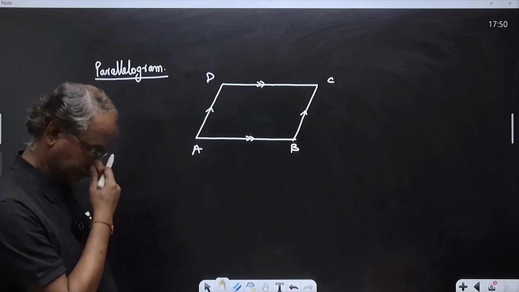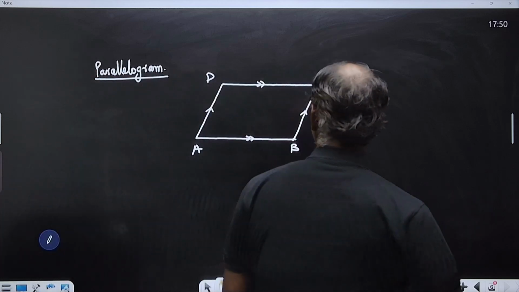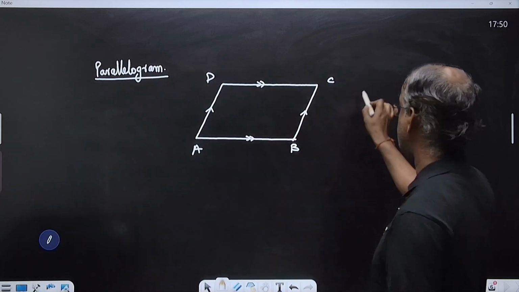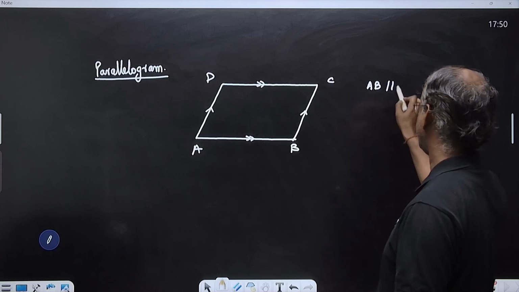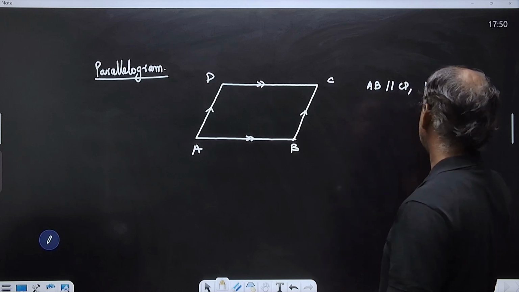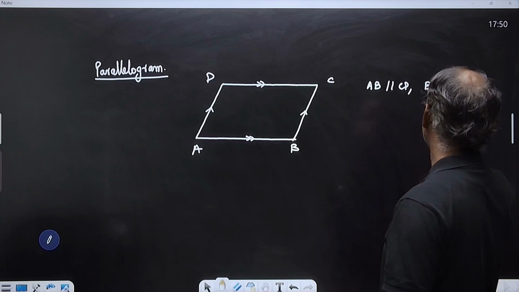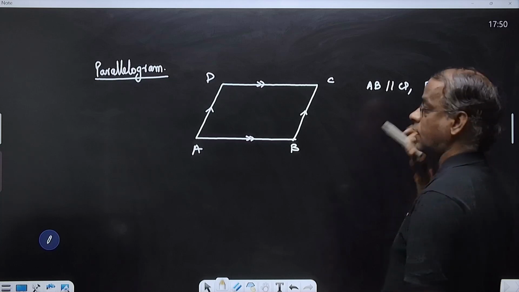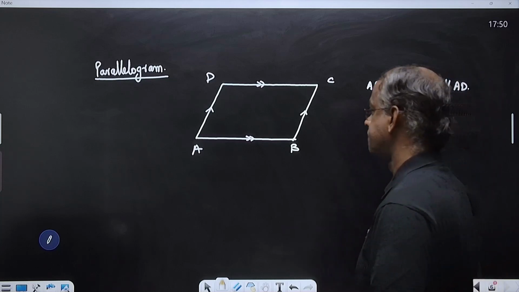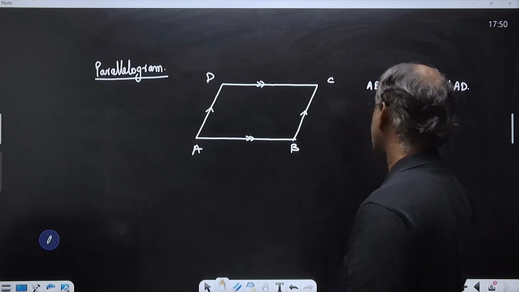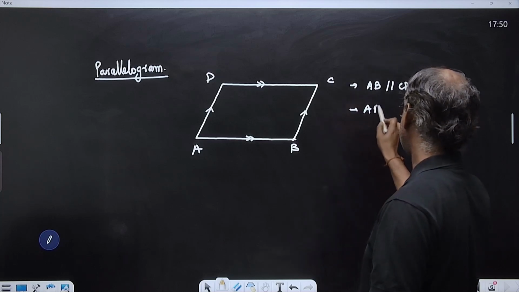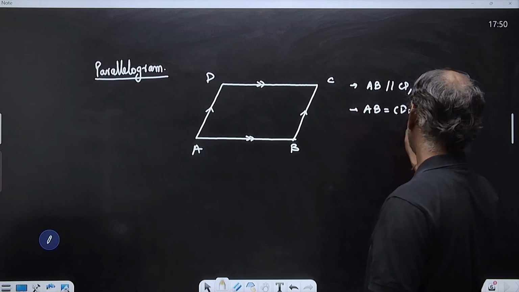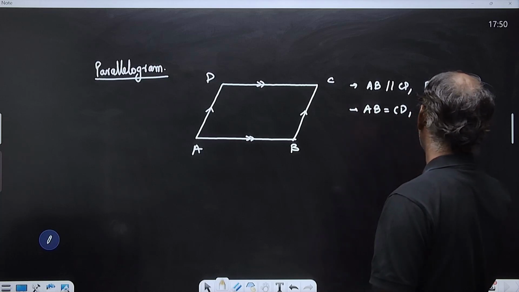Further, the opposite sides are equal in length. AB is parallel to CD. BC is parallel to AD. Further, AB is equal to CD and BC is equal to AD.